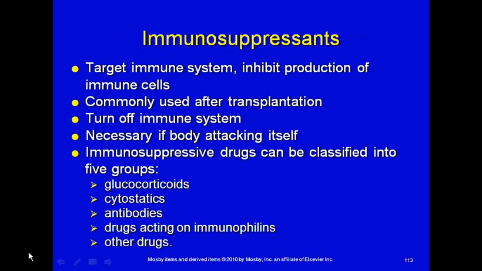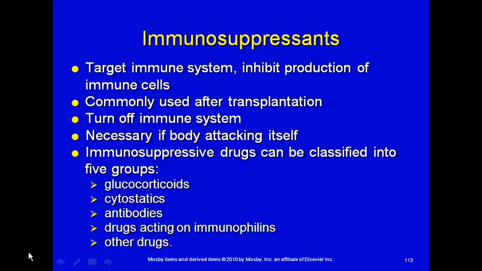Drugs affecting the immune system include immunosuppressants. And immunosuppressants target the immune system, and they inhibit the production of immune cells. And why would we want to suppress our immune system? Well, commonly after a transplant, a kidney transplant, a heart transplant, a pancreas transplant, your body has a tendency to want to make cells to reject the transplant.